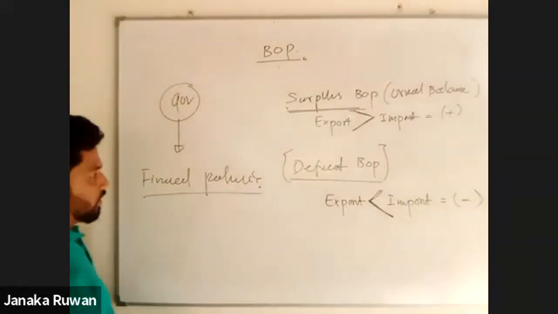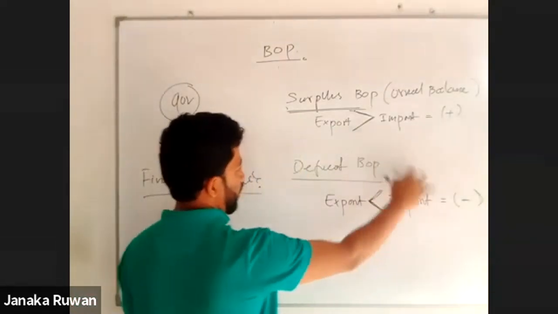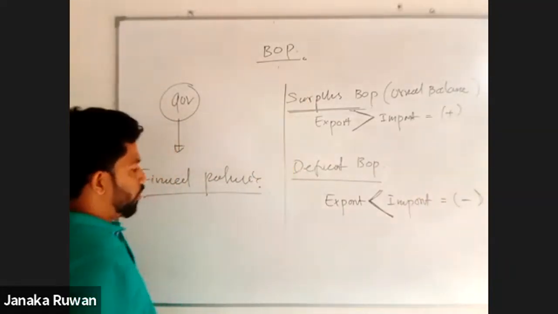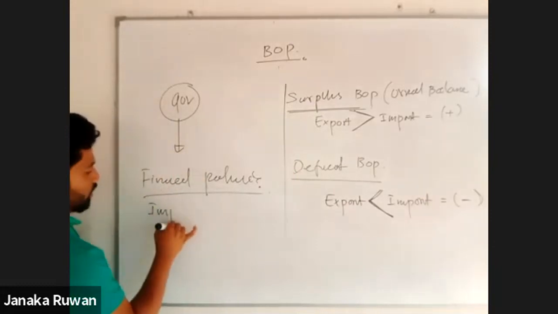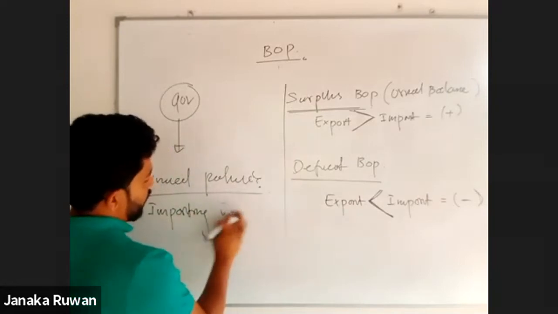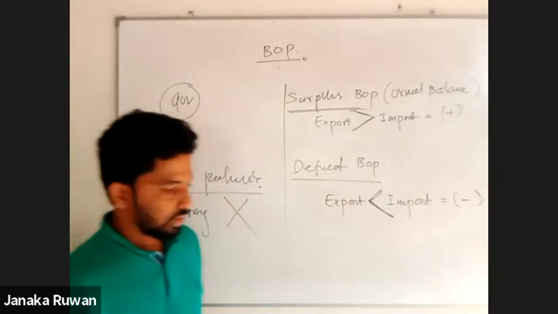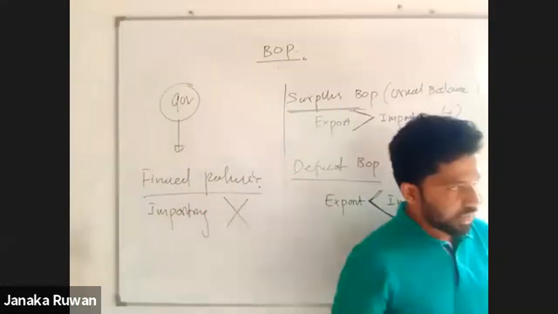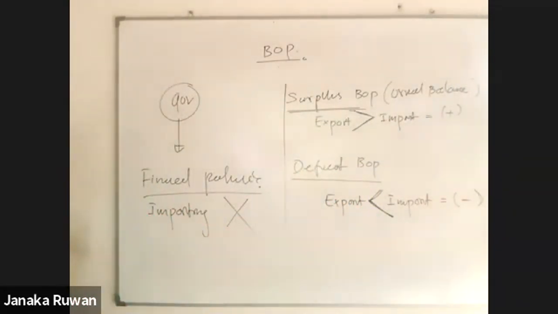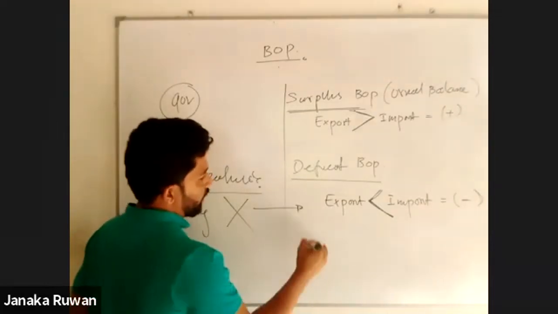If you take the example of Sri Lanka, we know that importing vehicles has been prohibited by the government. Why do they do that? Because there is a deficit in the balance of payment.